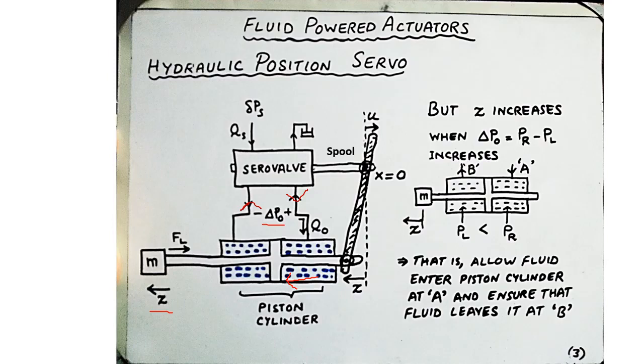Hence, we should say that Z increases as a consequence of a differential pressure applied by the fluid on the piston, which means that we inject more fluid on this side of the piston cylinder, that is to the right of the piston, and we are forcing fluid to flow back from the left hand side of the cylinder back to the reservoir.